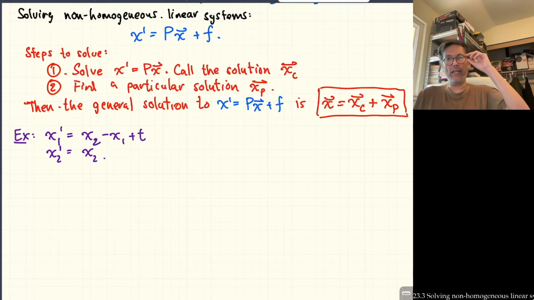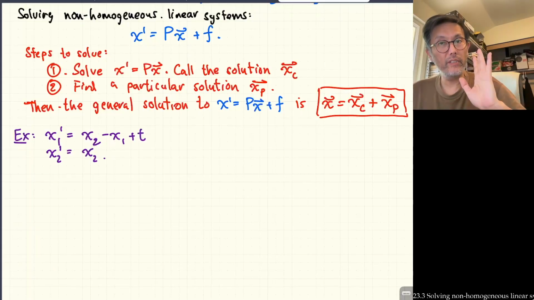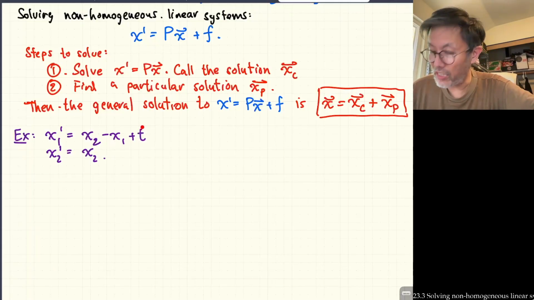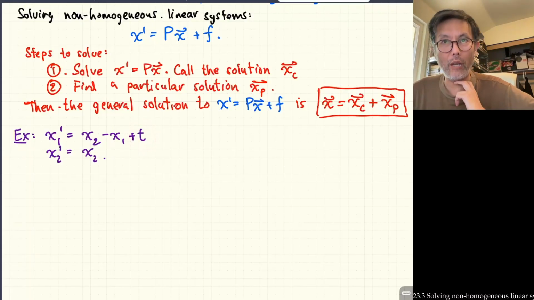This is a first order system of differential equations, linear. And notice that it's non-homogeneous because of this plus t that we've got here.